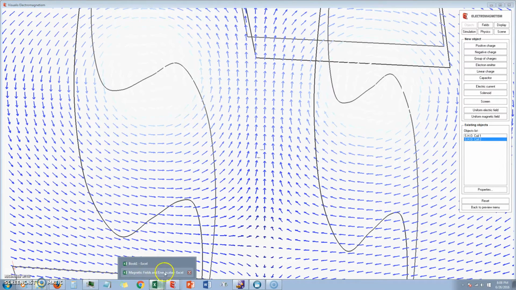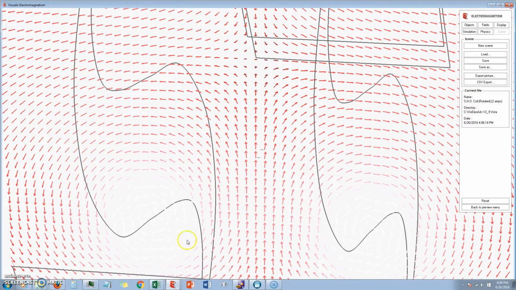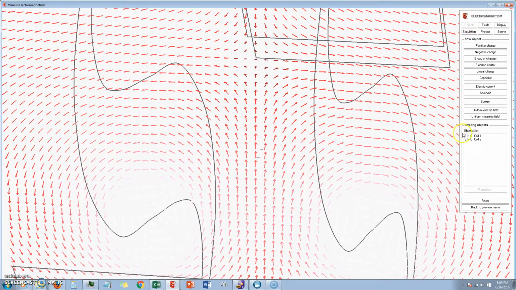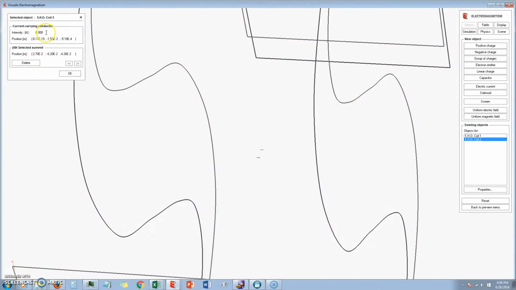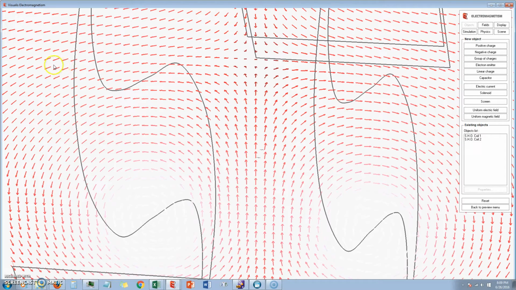Okay. So anyway, let's go ahead and go to this one. So here's our S.H.O coil 2. Here we vanish the field. Like so.